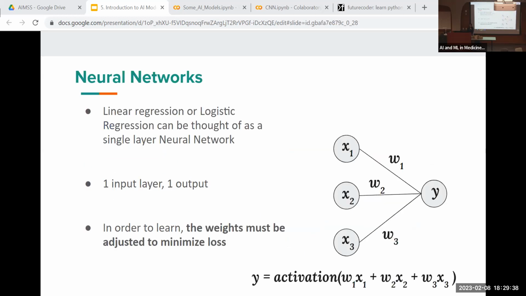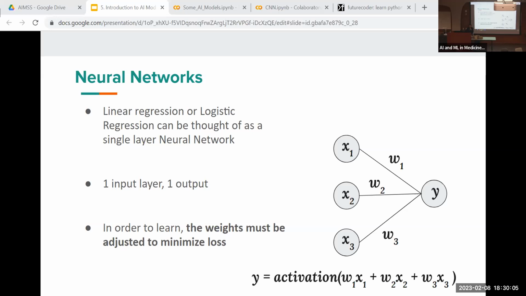So we talked about linear regression and logistic regression, which were used for regression problems and classification problems. But let's dive into a more complex setting, where these models that we introduced are examples of a simple one-layer neural network.